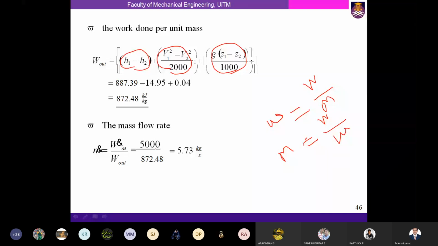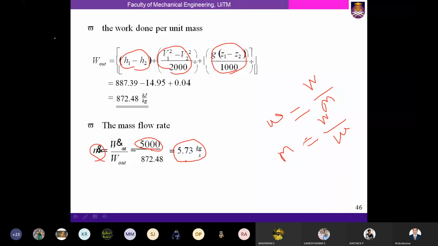This capital W is our power, which they gave, so 5 megawatts is taken here. If you divide that by the actual work output, you can get the mass flow rate m dot, that is 5.73 kg per second.